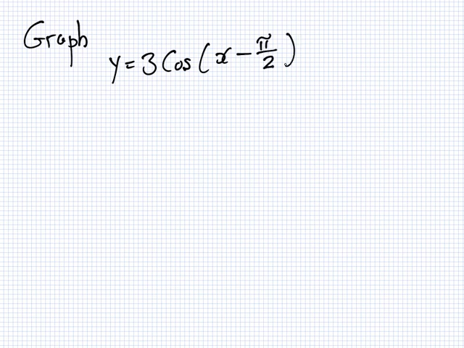let's do something like graph y equals 3 cos x minus pi over 2 plus 2. Now before I graph this, it is quite a common question on the exam. I've seen it asked a few times.